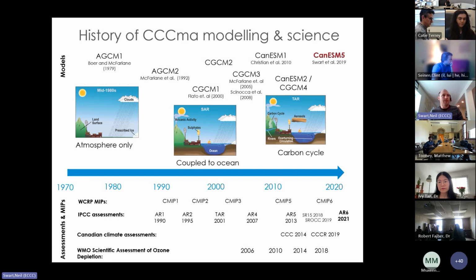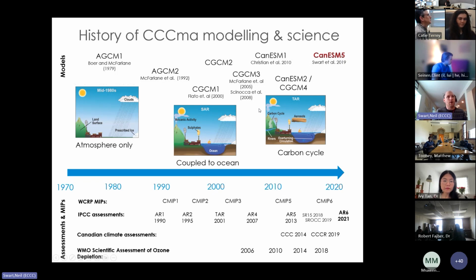Paul alluded to this, but CanESM has a long history going back maybe 50 years, from original atmospheric models, increasing in complexity over time to coupled models, and ending today with the model we use for scientific applications, CanESM 5.